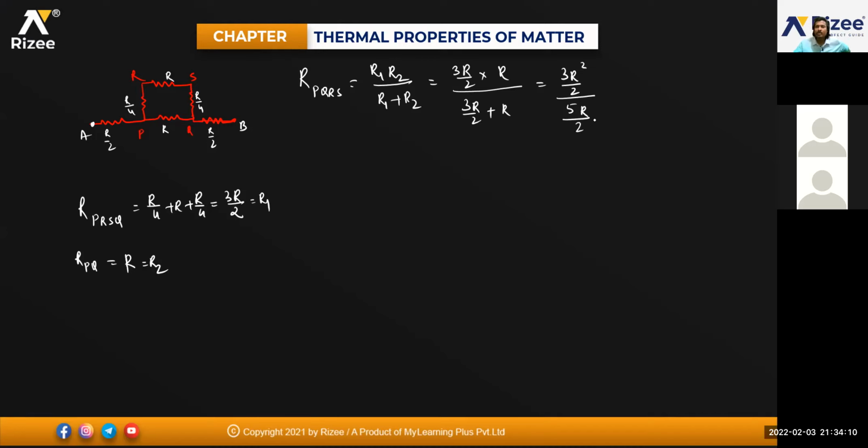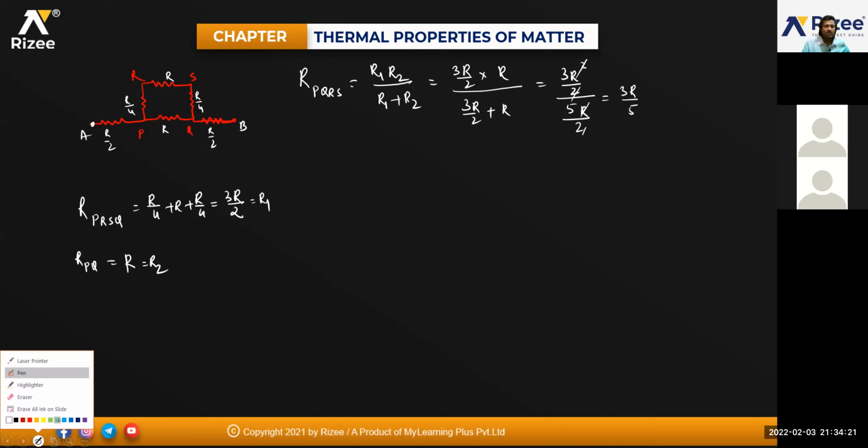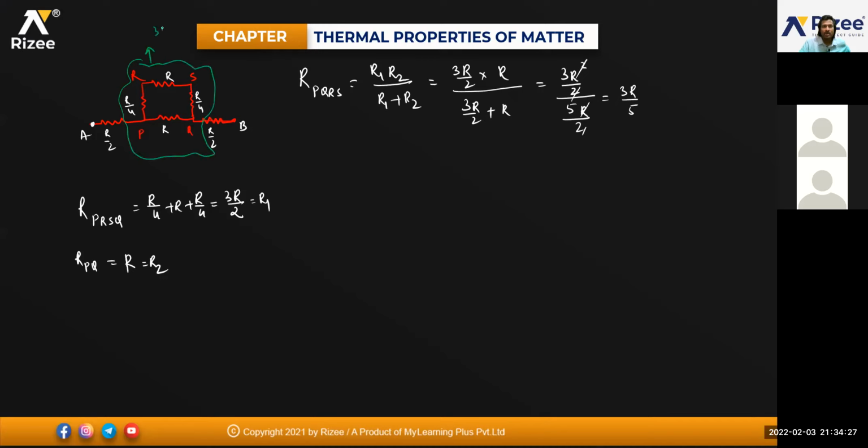So this R and this R will get cancelled. This 2 and this 2 will get cancelled. So this will become 3R divided by 5. That means effective resistance across this one totally, I got 3R by 5. Now I'm drawing this diagram, you see.